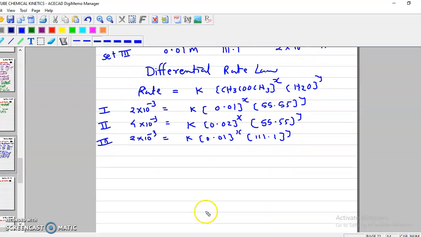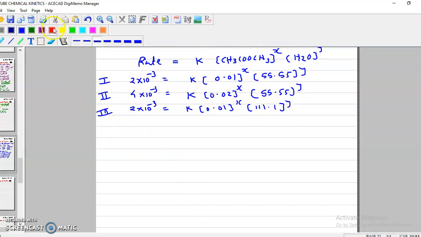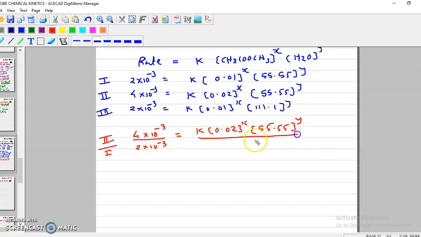Now to find out X, first of all we will take the ratio of second set and first set, that is 4 into 10 raised to minus 3 upon 2 into 10 raised to minus 3, which is equal to K into 0.02 raised to X and 55.55 raised to Y, upon K 0.01 raised to X and 55.55 raised to Y. Here the 55.55 raised to Y will be cancelled, and 10 raised to minus 3 is also cancelled, and K is also cancelled.